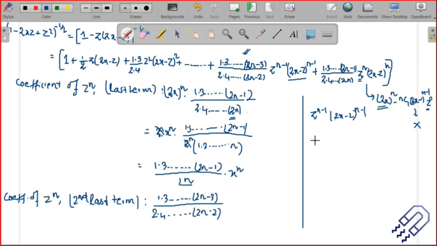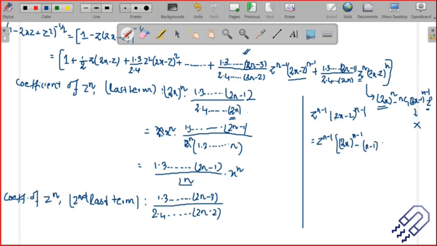Okay, can we expand it? Yes, we can just write down zⁿ⁻¹, and let's just expand this particular term. So the first term would be nothing but (2x)ⁿ⁻¹ into z to the power 0, so that's there. Oh sorry, minus, because there is a minus sign there, so it will be minus of n minus 1.